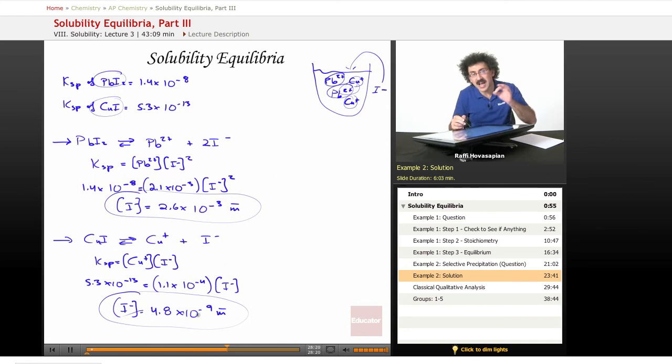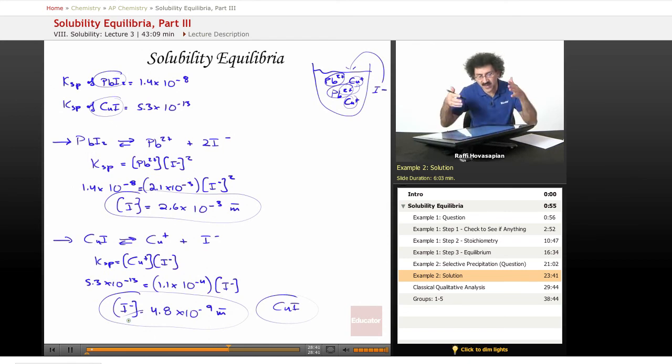If I keep adding iodide, when the iodide concentration reaches 2.6 times 10 to the negative 3 molarity, at that point, the lead iodide will start to precipitate. So, in this particular case, CuI, copper iodide will precipitate first.